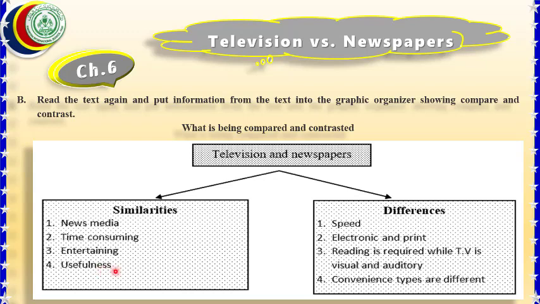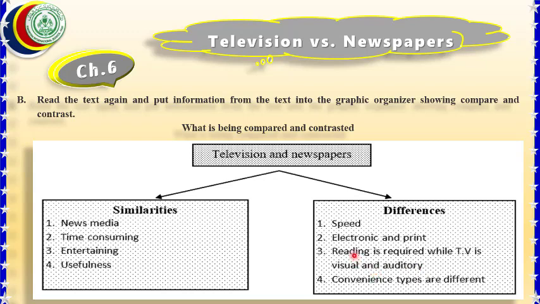Here are differences between television and newspaper. Speed is different. Television provides us news very quickly, sometimes live also, but newspaper cannot. Speed of both is different. Electronic and print, one is electronic media, other is print media. Reading is required, while TV is visual and auditory.